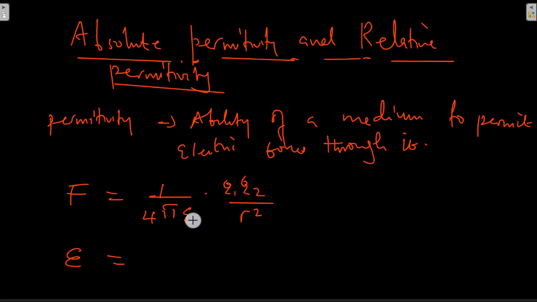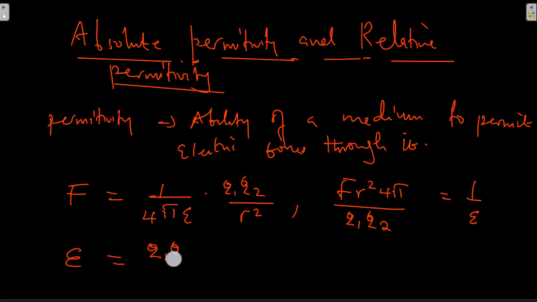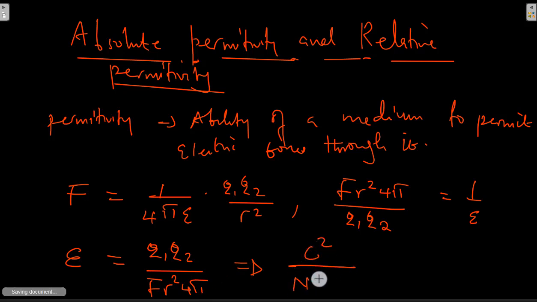We'll have F R squared 4 pi divided by Q1 Q2. This is going to be 1 over epsilon, so epsilon is going to be Q1 Q2 over F R squared 4 pi.